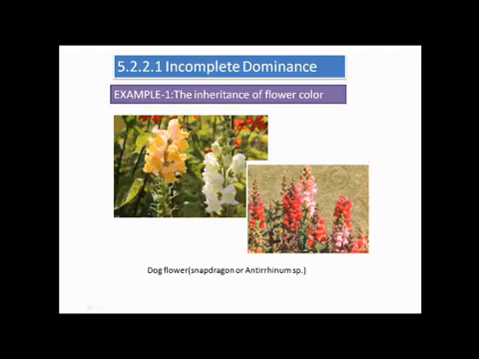So what is this? The example I am showing here is of a dog flower, that is snapdragon. Here two plants with different flower colors were taken in the parent generation, the red flowered plant and the white flowered plant.